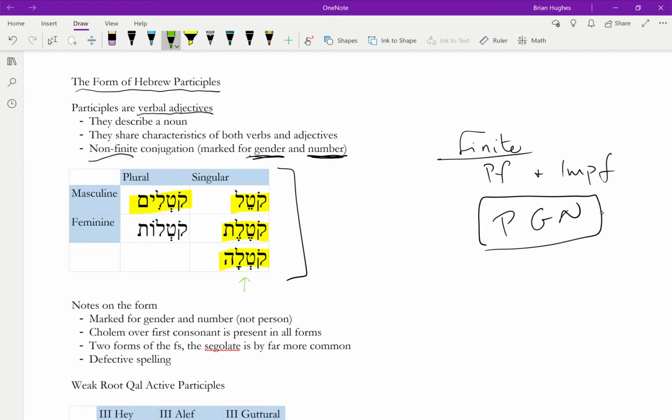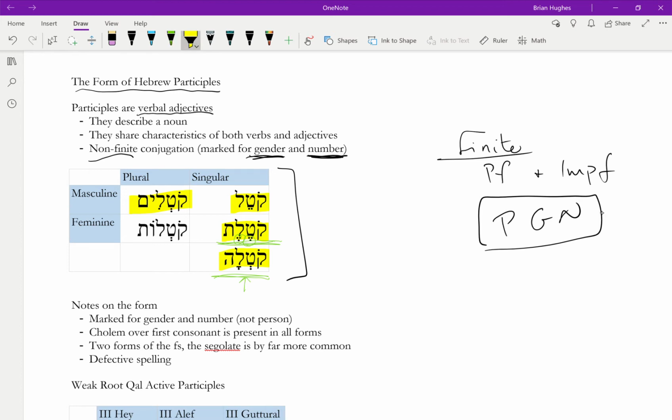The second form is more of what we would expect, like how in our adjectives, when we learned them, the feminine singular is formed with the qamets he ending. But actually, the first form is more common. So it's what we would call irregular, but more common, this qotelet. So we get this segolization that happens.